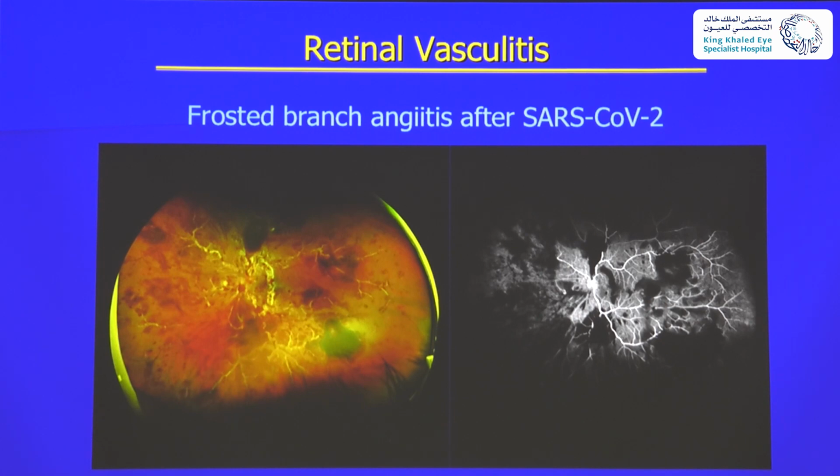One paper described two patients with frosted branch angiitis after COVID infection, and the third patient was from Ocular Immunology and Inflammation. They described another case also. So it seems that this condition, frosted branch angiitis, can occur as a complication of COVID-19 infection.